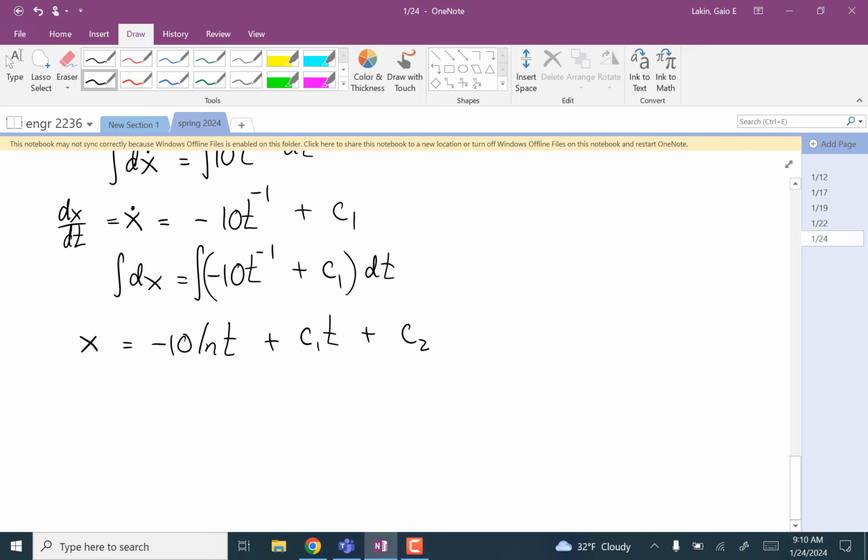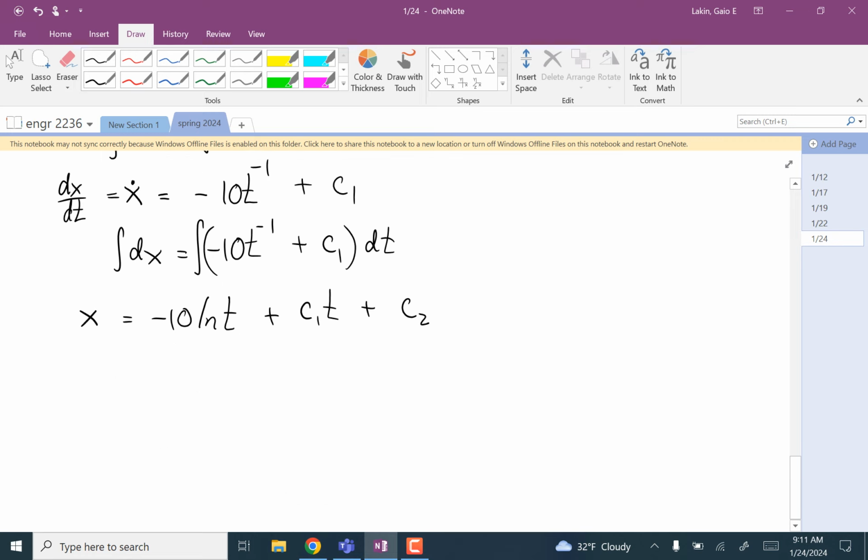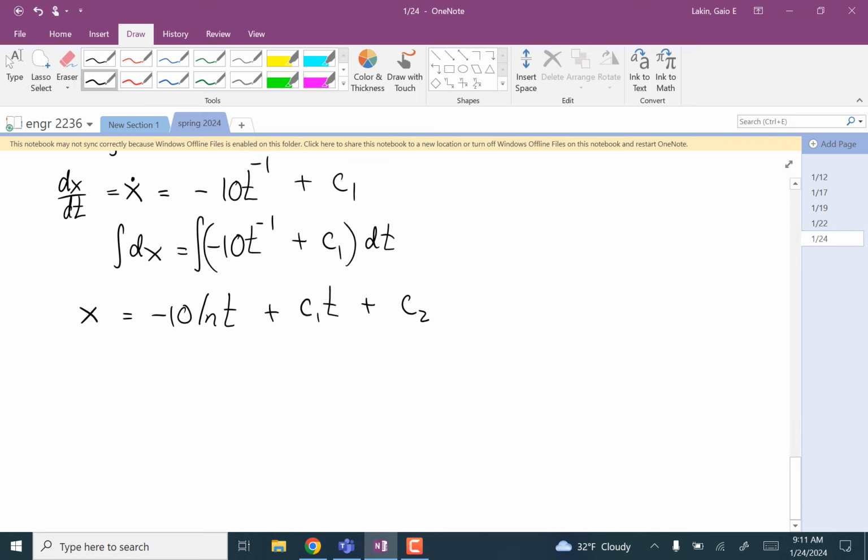Well, we have these two constants of integration that we have to find. So the first one I'll say is x of 1 is equal to 2. So that says 2 is equal to negative 10 times the natural log of 1, which is 0, plus C1 plus C2. Okay, so there's the first equation.